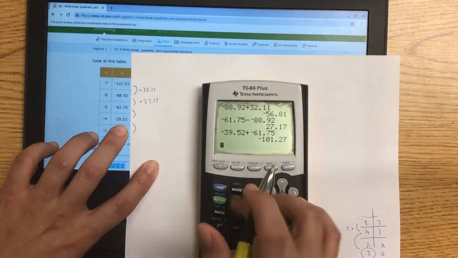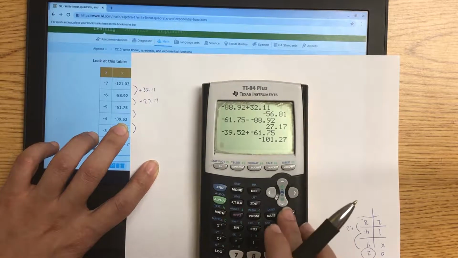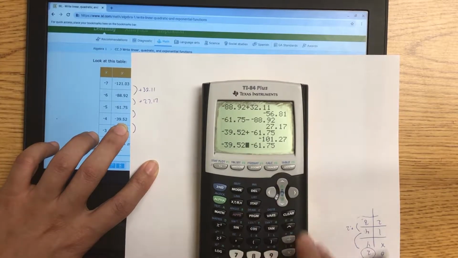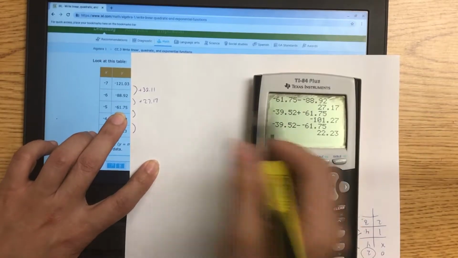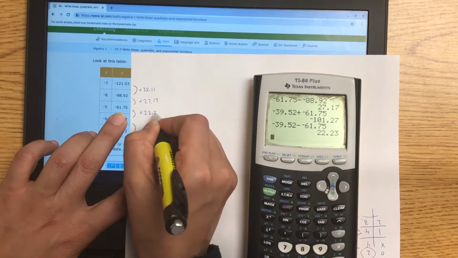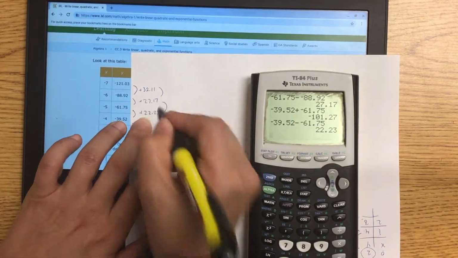What did I do? I'm tripping, it's supposed to be minus negative 61. The only reason I noticed is because it was so different from the rest of these. 22.23, and so forth.